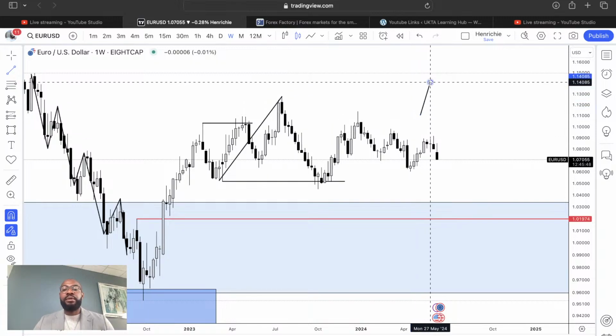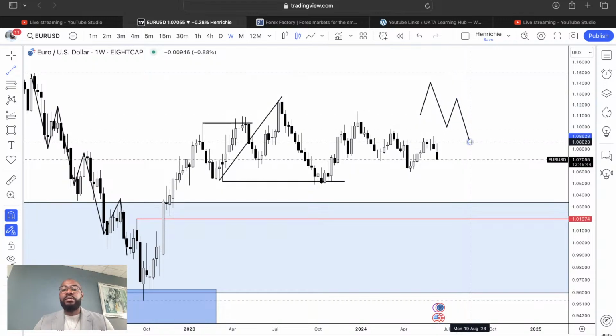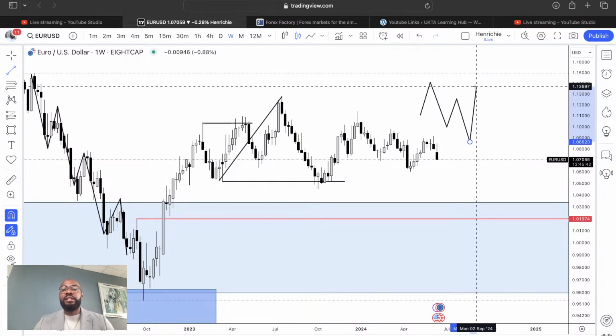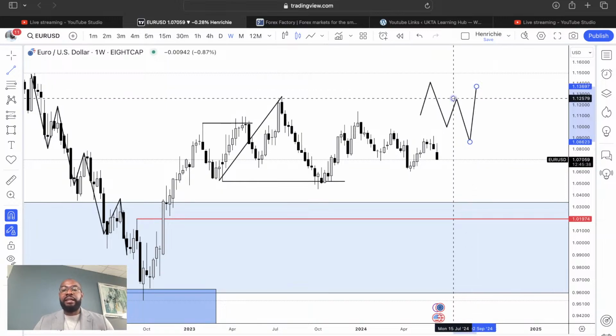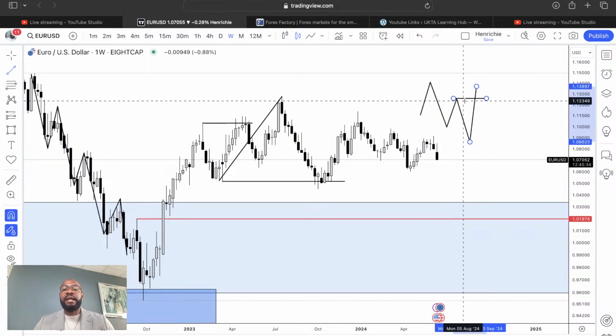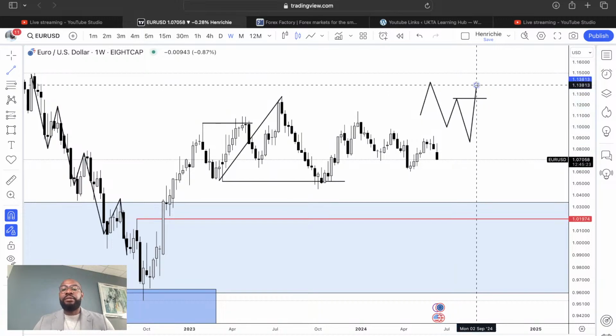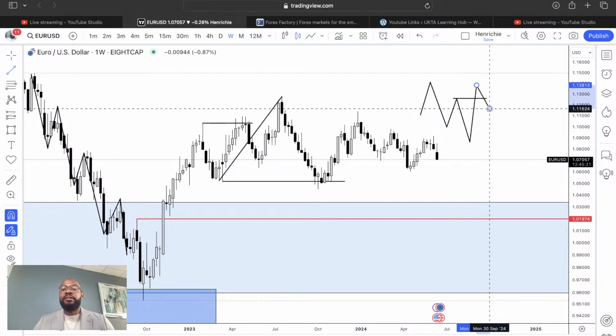If I'm bullish and price is creating lower high, lower low, lower high, and then eventually creates a higher high above this previous high, I want to see a candle close above this high, and that candle closing above this high, then I'll look for a retest. I'll look for a buy.